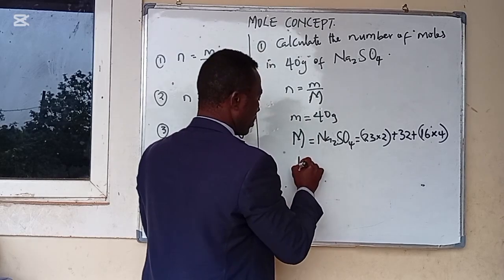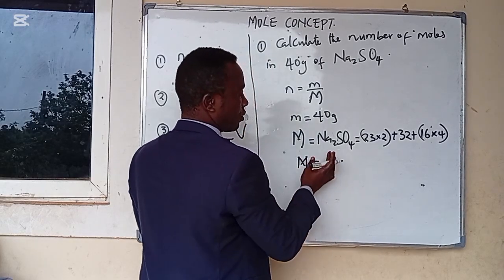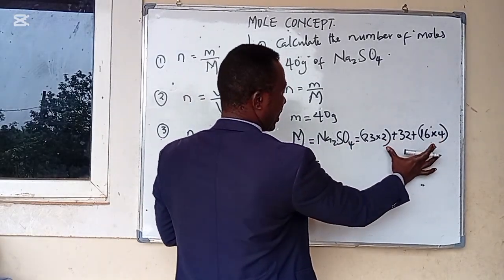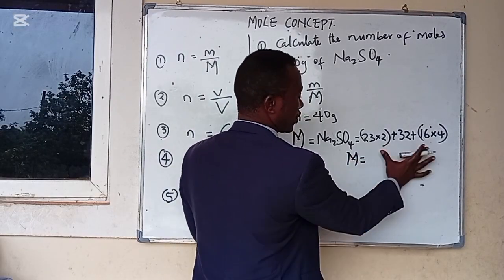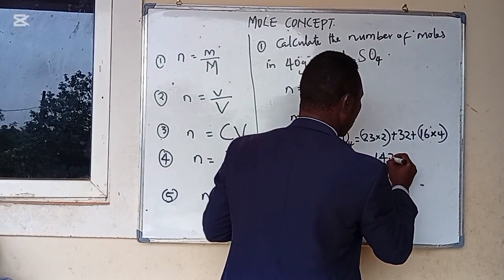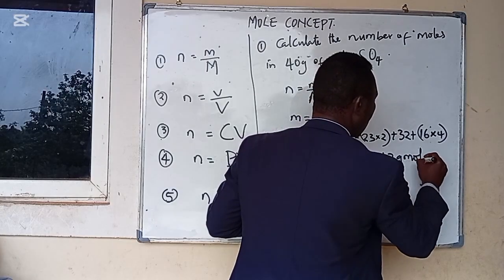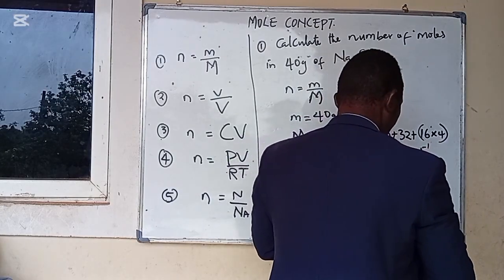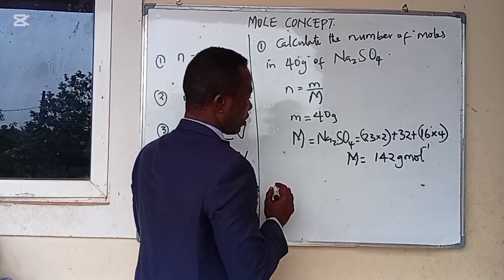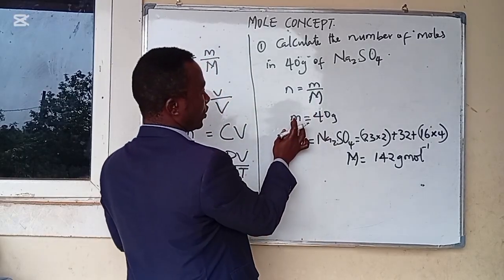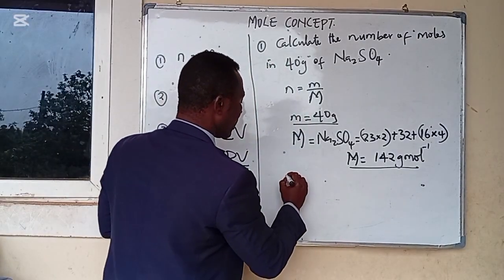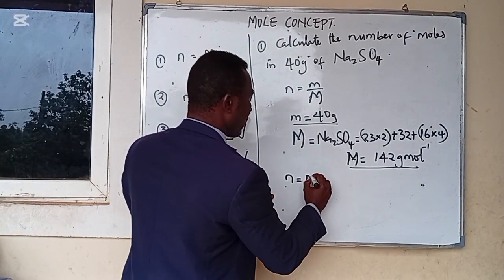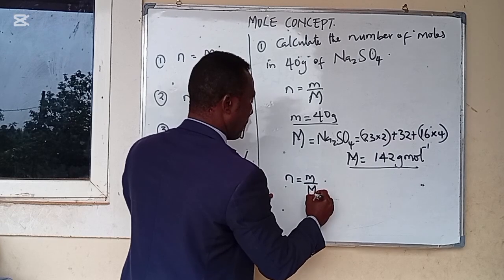Then when we sum all these things together, we can now see that the molar mass is 142 grams per mole. That becomes the molar mass. We know the given mass and now we know the molar mass. Then the number of moles will be the given mass over the molar mass.